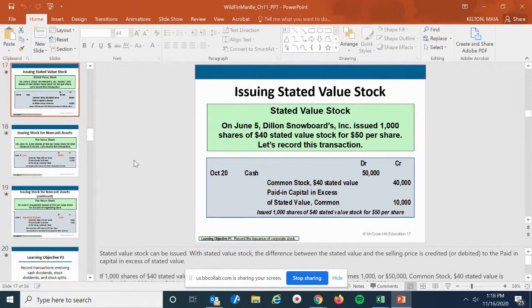Remember, the common stock could be issued at par, it could be at a premium, or it could be stated or no par stock. One thing that you're probably already noticing, there's no such thing as stock issued at a discount.